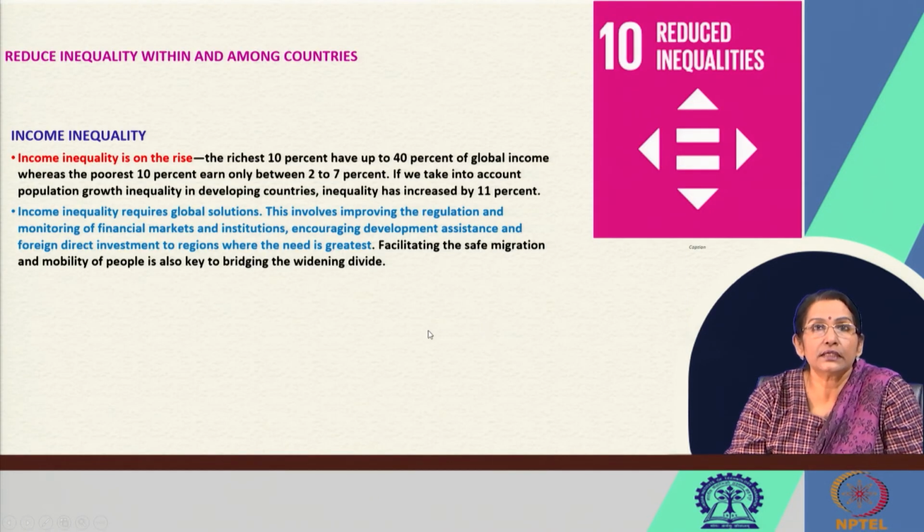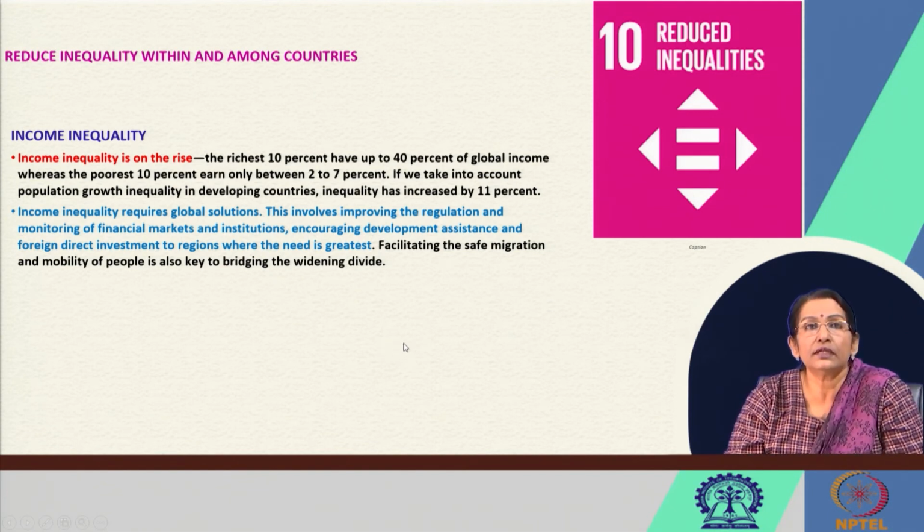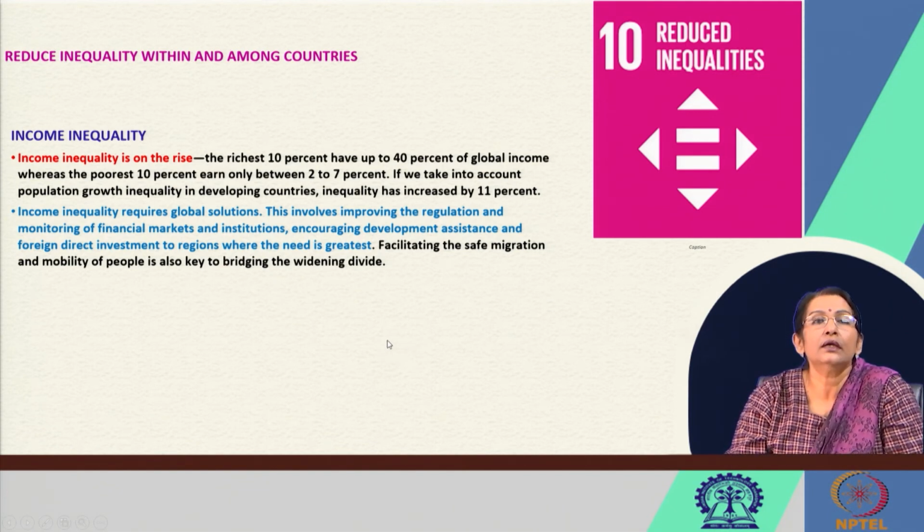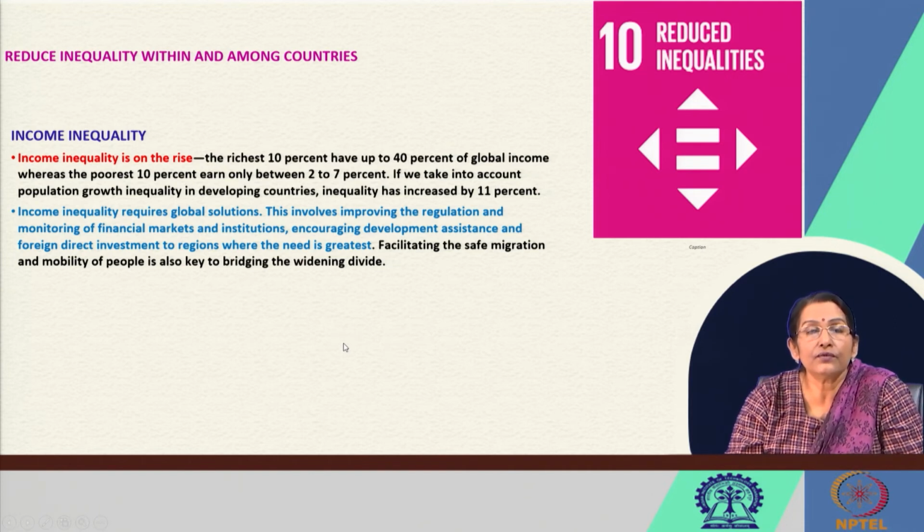So, now the next, SDG 10, is Reduced Inequalities. By working on these major things like food, energy, water, infrastructure, our focus is how to reduce the inequality that exists in our society.